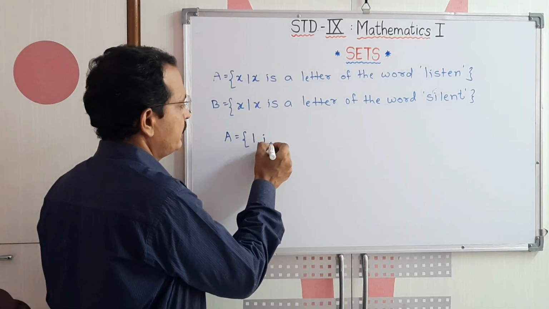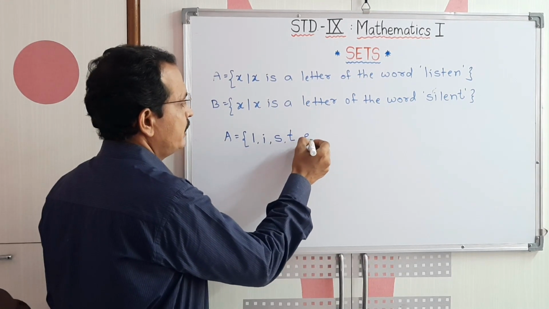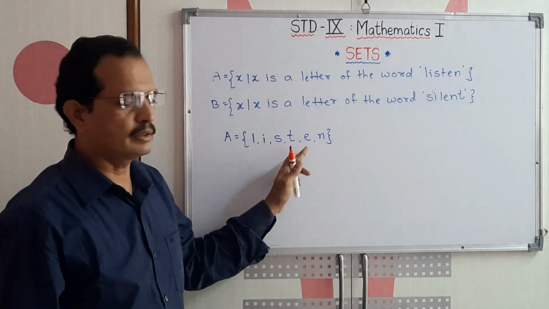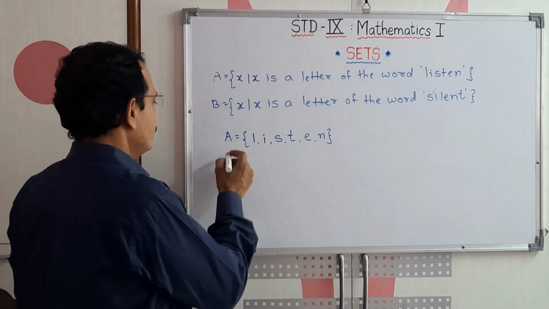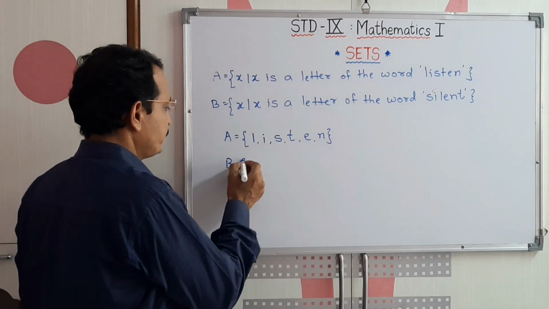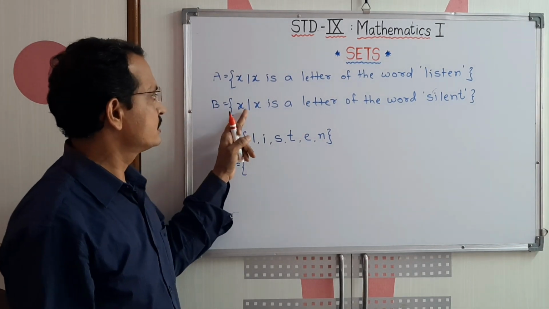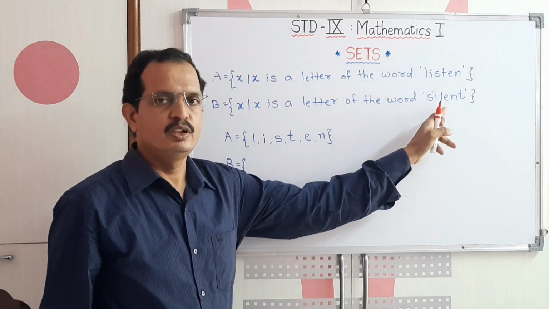Second letter is I. Third letter is S. Then it is T, E, and the last is N. There are 6 letters and we have written here 6 letters. Then we have to write the set B. B is a set of X such that X is a letter of the word silent.